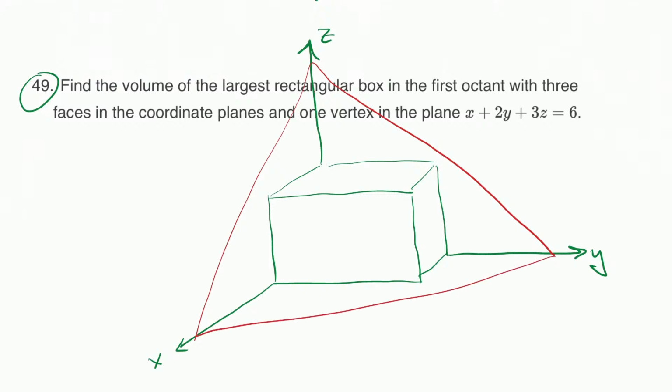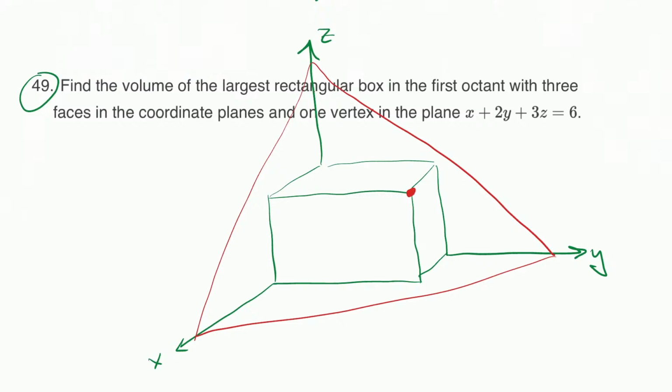Okay, so you have to imagine that is kind of a plane that is floating out here. This triangle is, if you imagine that as a plane, that corner there is touching this plane. So that's what it's referring to.